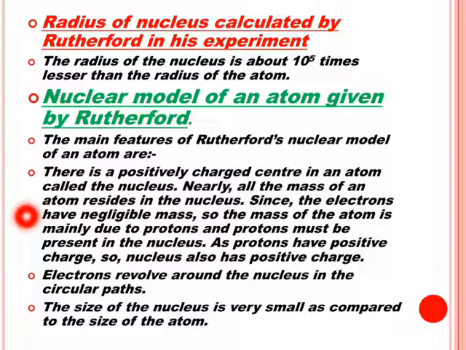So the mass of the atom is mainly due to protons, and protons must be present in the nucleus. As the protons have positive charge, the nucleus also has positive charge. According to this model, electrons revolve around the nucleus in circular paths. The size of the nucleus is very small as compared to the size of the atom.